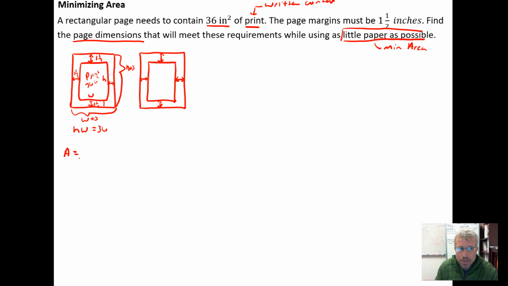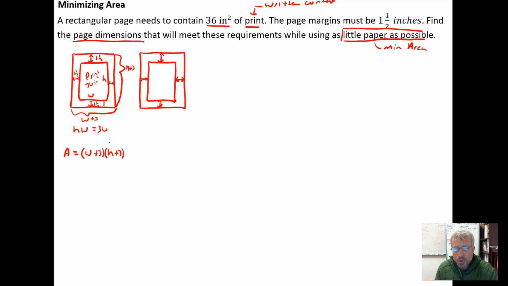So the area of the entire sheet of paper is going to be the width of the paper, which is the interior width plus 3, times the height of the paper, which is the interior height plus 3. So there's one possible setup for an area function. And then remember, we need to find area as a function of a single variable. This is area as a function of interior width and interior height.